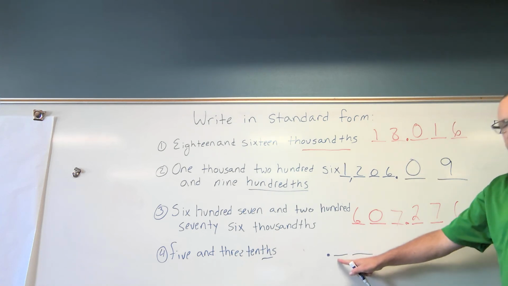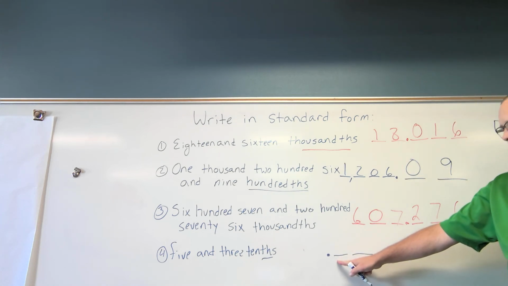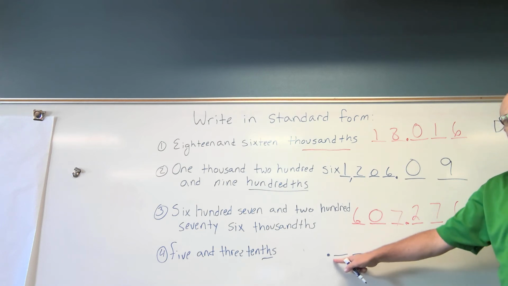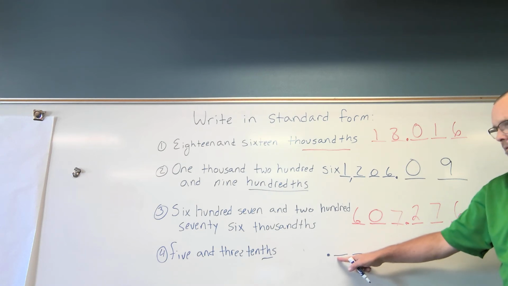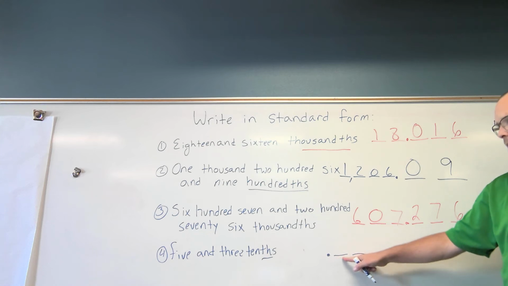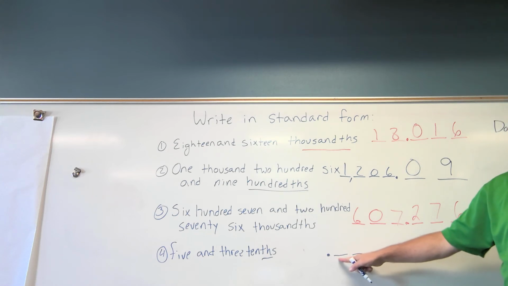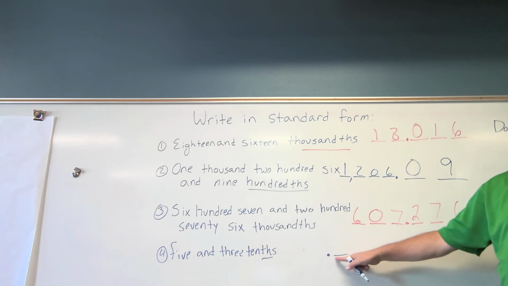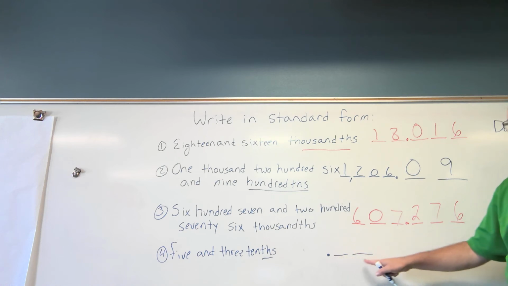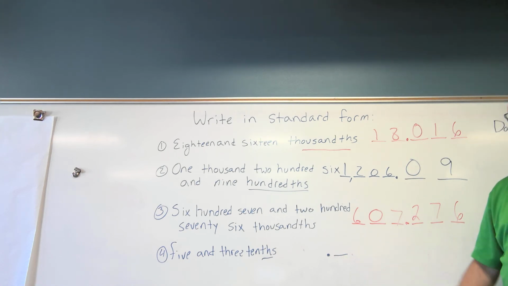Okay, what place value is this? What's the place value here? Right behind the decimal point. You have a place value chart in your journal. It's going to take a while.